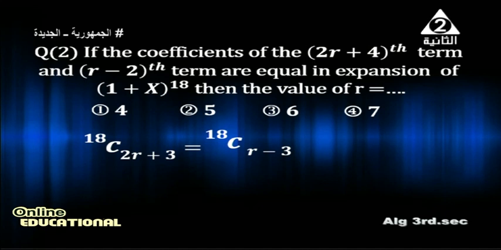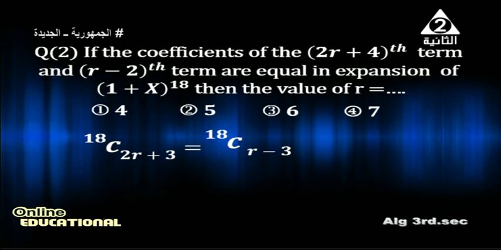Another one says, substitution with 5. 2r plus 3, if r equals 5, is 13. r minus 3, 5 minus 3, is 2. It's wrong. Give r equal 6. 2r plus 3, when r equals 6, equals what? 2 times 6 is 12 plus 3, 15.